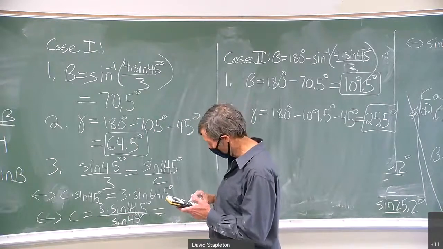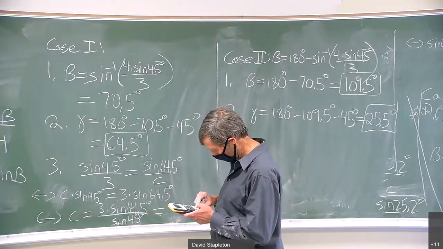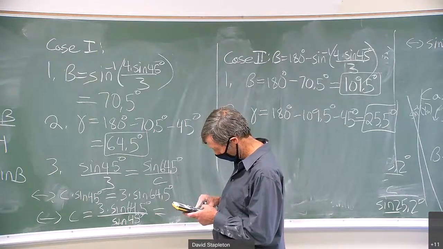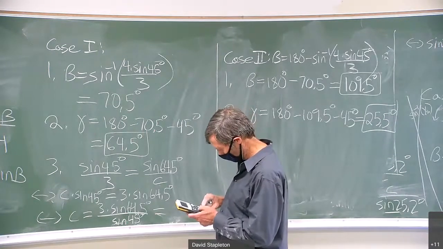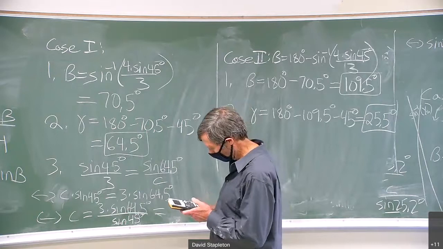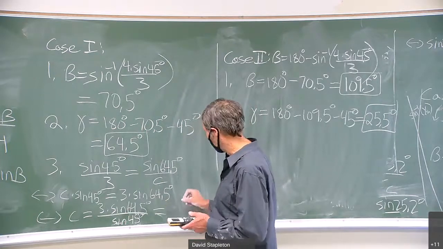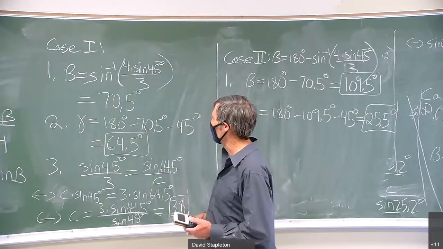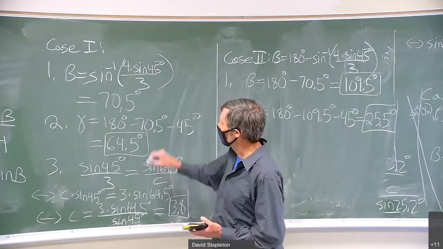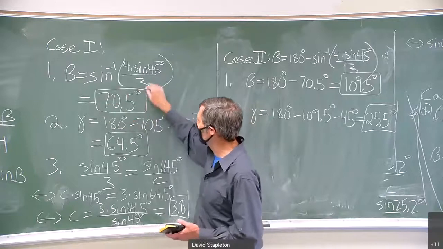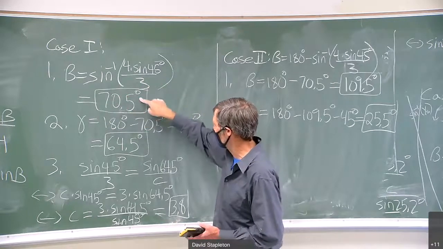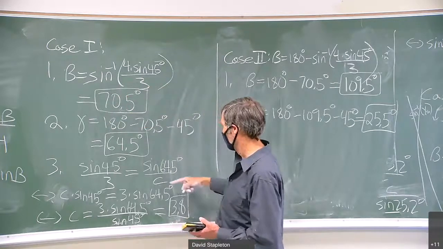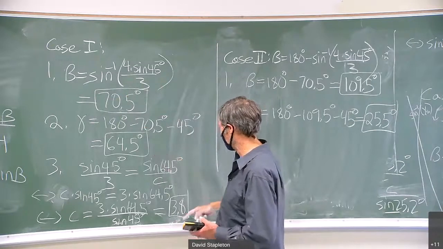So 3 times sine 64.5 divided by sine 45 gives me 3.8 to one decimal place. There's c, and I'm all done, right? The first case is that I have a triangle with these three angles. These angles, 70.5 and 64.5, and this remaining side, 3.8.